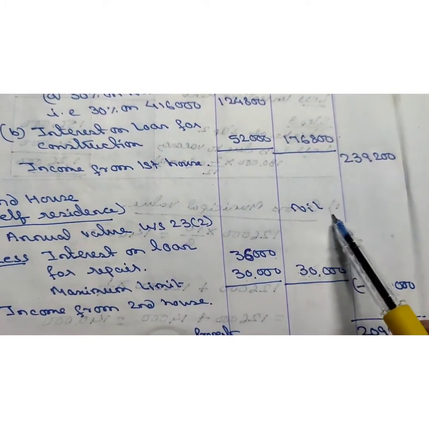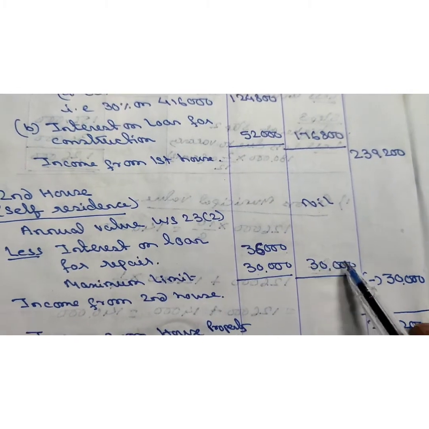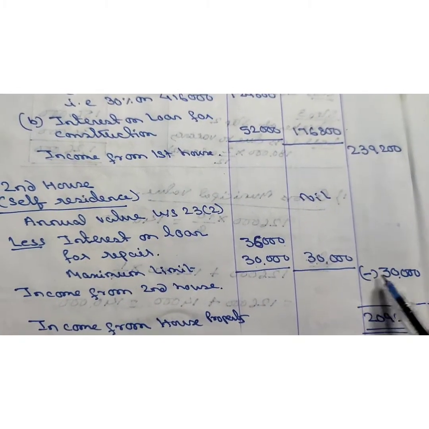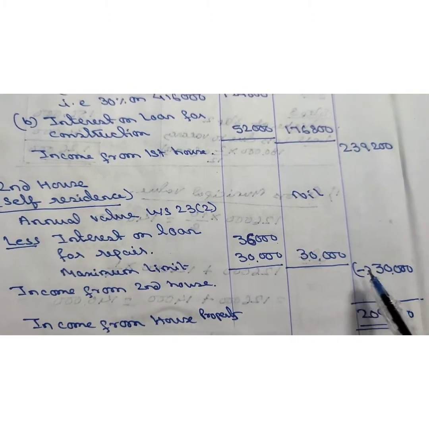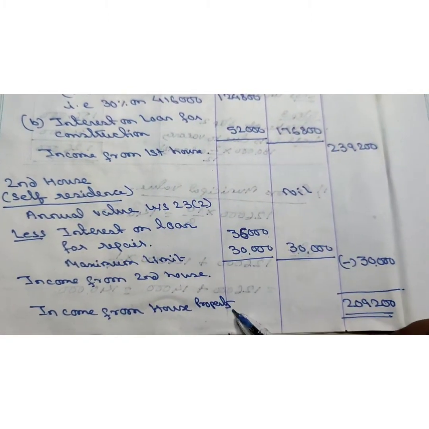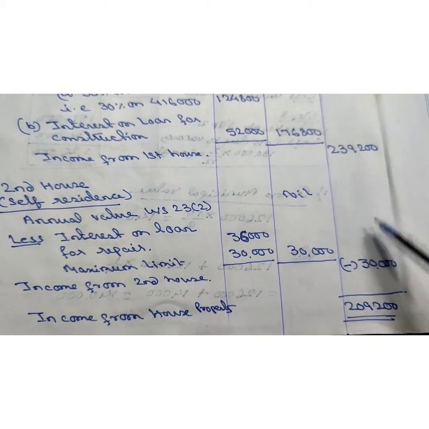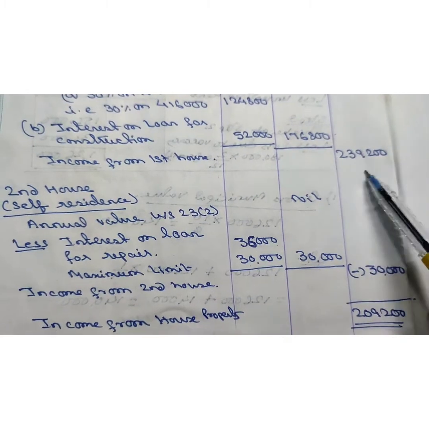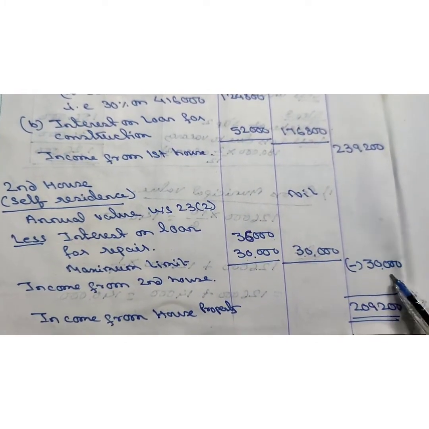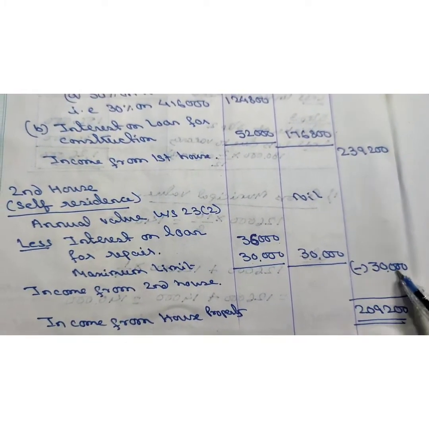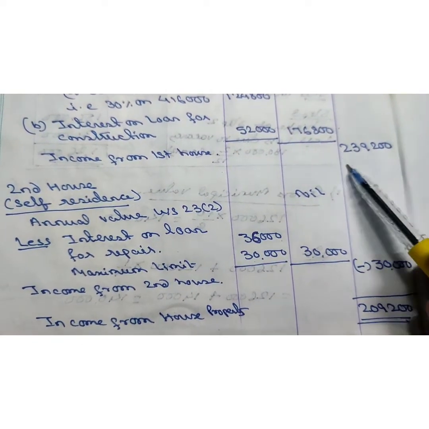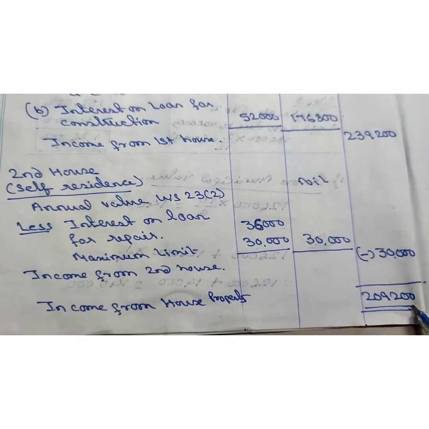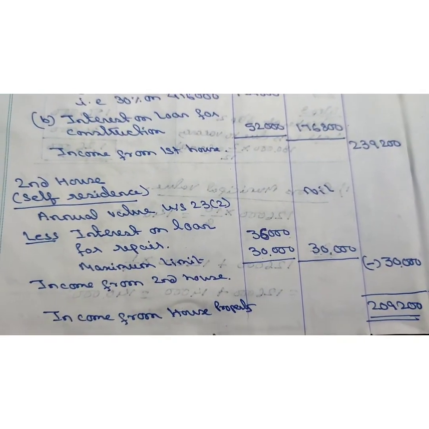From the nil annual value, we exclude this 30,000 and it comes to minus 30,000, that is the income from the second house. And income from house property is the addition of these two: plus 2,39,200 income, and here a loss of rupees 30,000. So this loss can be set off against the income from the first house. So it comes to 2,09,200 as income from house property.